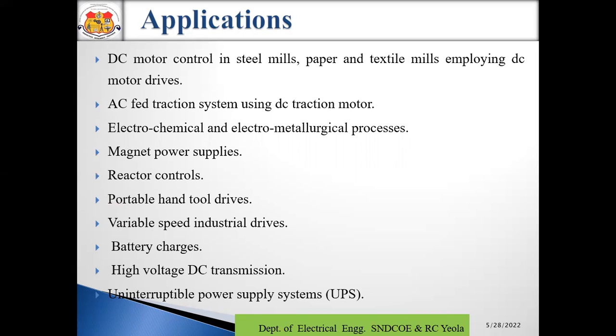Next applications: magnet power supply, then reactor controls, then portable hand tool drives, then variable speed industrial drives, battery chargers, HVDC system, UPS system. These are the basic applications of the control rectifier.